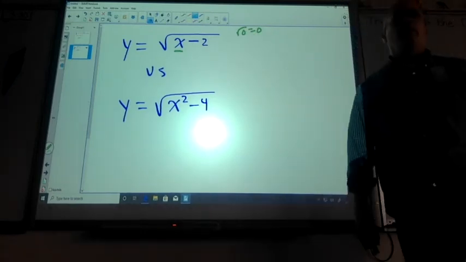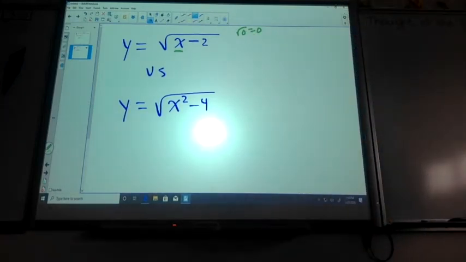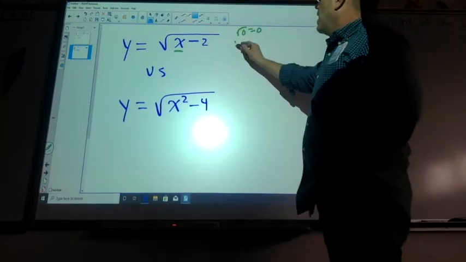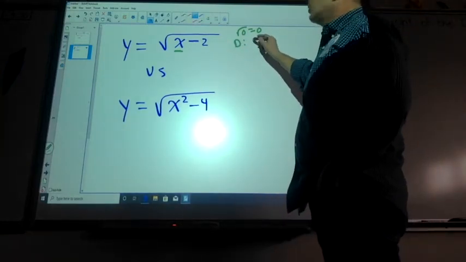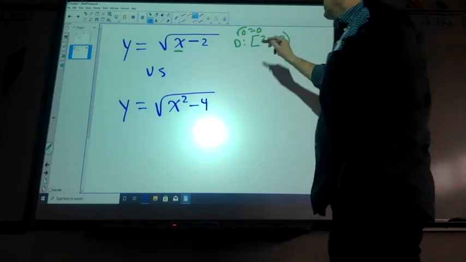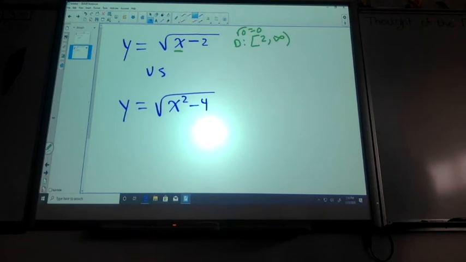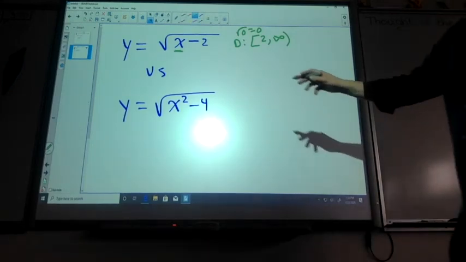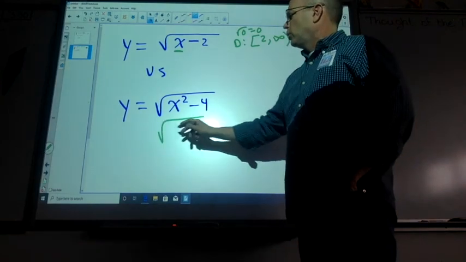So that's as small as we can go. What's the smallest value that I can plug in? 2. So my domain on this problem goes from [2, infinity). Is that all right? Now, the reason I chose the other one like this is I have to recognize this is the difference of 2 squares.